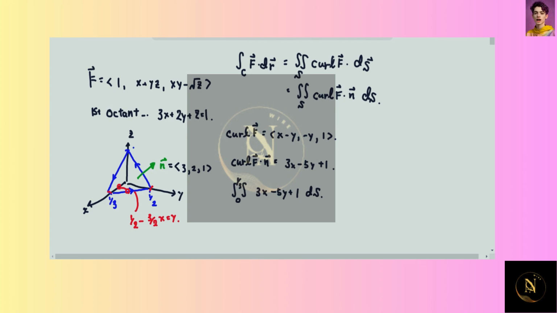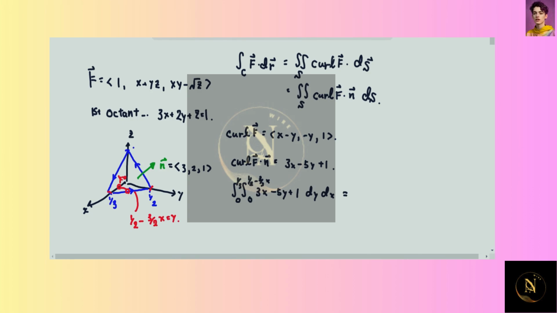And of course, this is x equals 0. I mean, y equals 0. So it goes from 0 to 1/2 minus 3/2 x. Okay, and dS is, of course, let's make sure we have the order correctly. We will evaluate through y first and then x later.